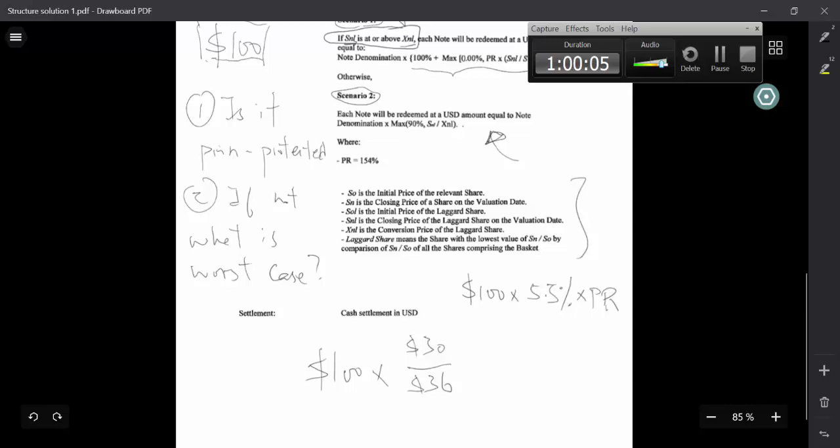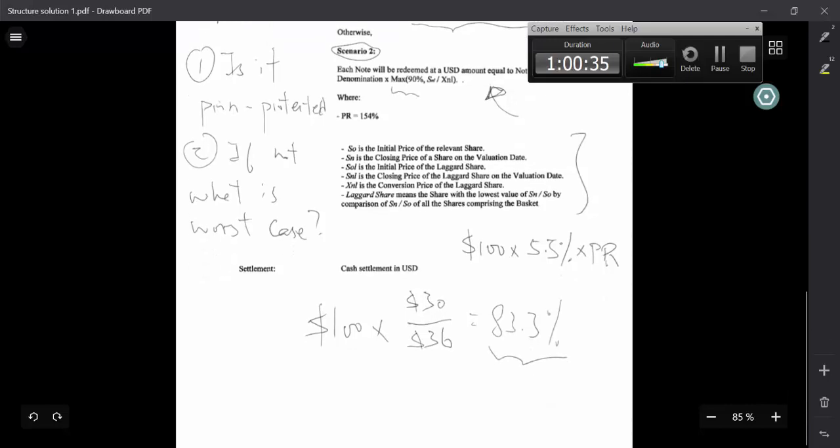Now I picked 30 on purpose, you'll see in a moment. So what do you get? You're going to lose quite a bit of money because 30 divided by 36 is 83%. I'm coming to that, thank you for spotting it. So this is 83, but because there is a floor here, you are not going to lose this amount. So it is floored at 90. It's the max of these two.